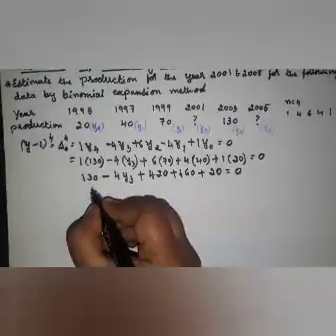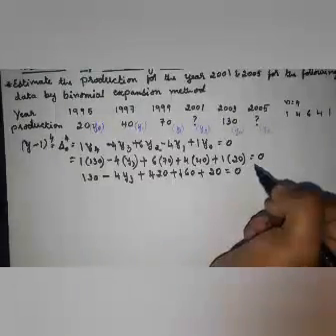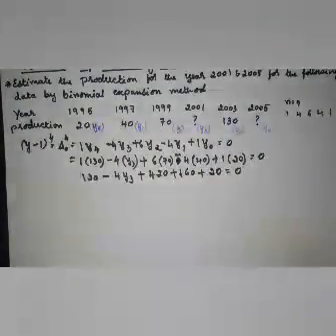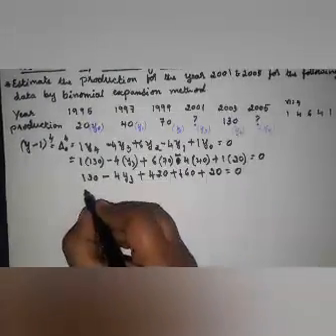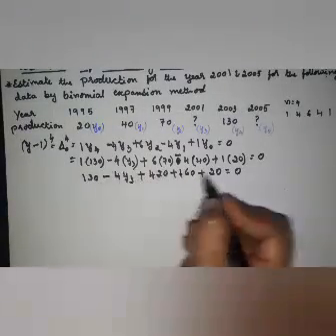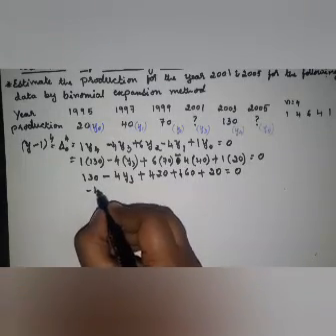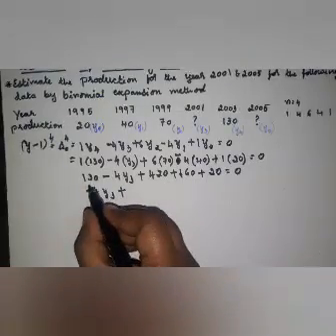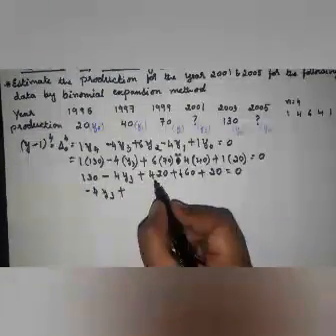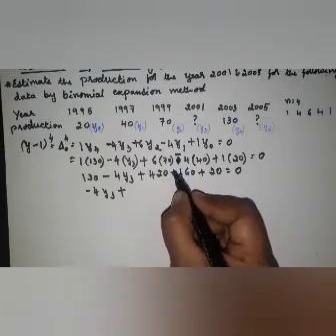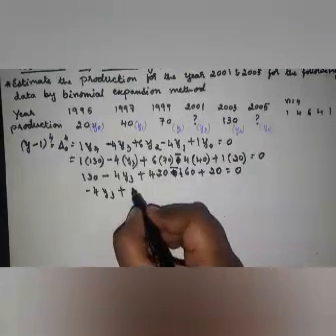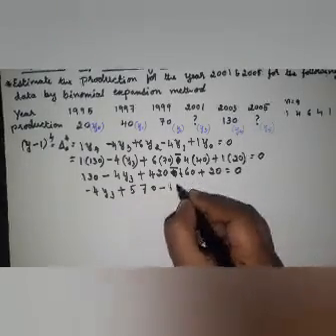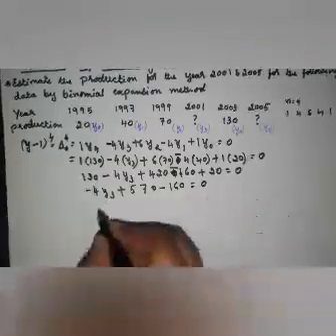Now add all the positive values and all the negative values separately. That is minus 4y3, plus the positive values 130, 420 and 20, that is 570, minus the negative value 160, is equal to 0.